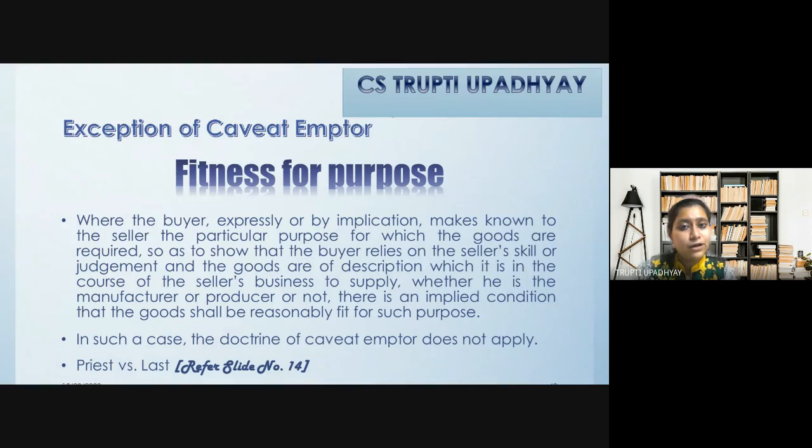The buyer relied on the knowledge of the chemist, because the chemist was knowledgeable enough, as he was selling these goods as a normal business activity. So obviously the chemist will be knowledgeable or skillful enough to give him a better quality bottle which fits the purpose for which he is buying. So here the chemist was held liable, and he has to compensate the buyer for selling a poor quality bottle.